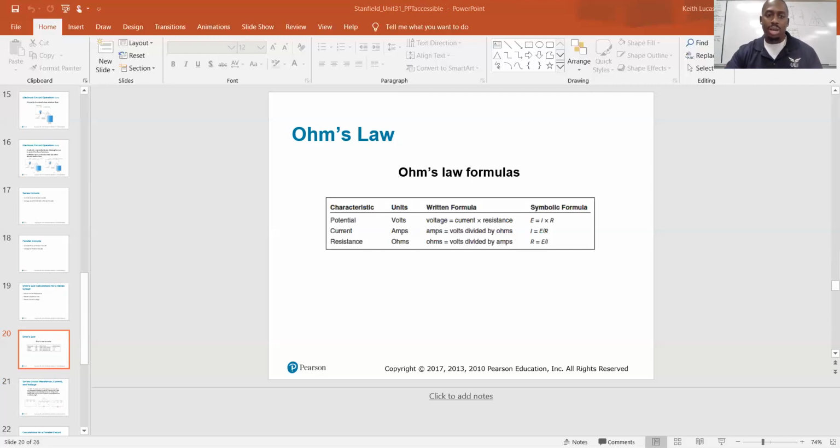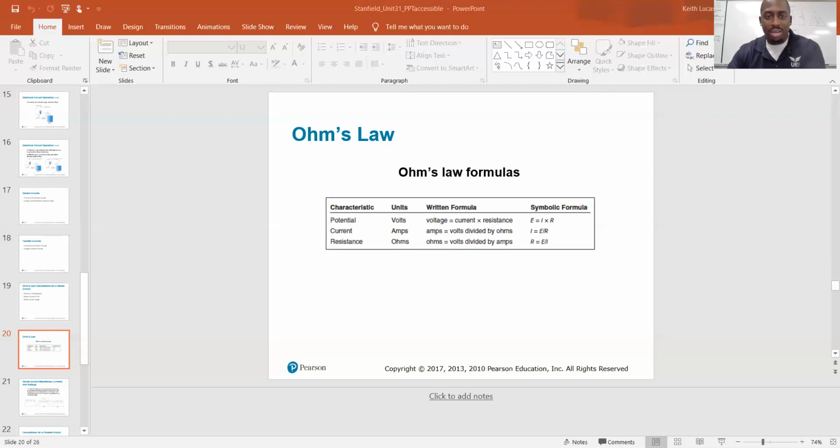So let's say we're trying to figure out what the amperage is. I is your amperage or your current. They use an I for intensity, the intensity of the current flow. If we wanted to solve for I, we would cover up I, right? So pretend this hand is bigger and it's actually covering that I. What do we have left?